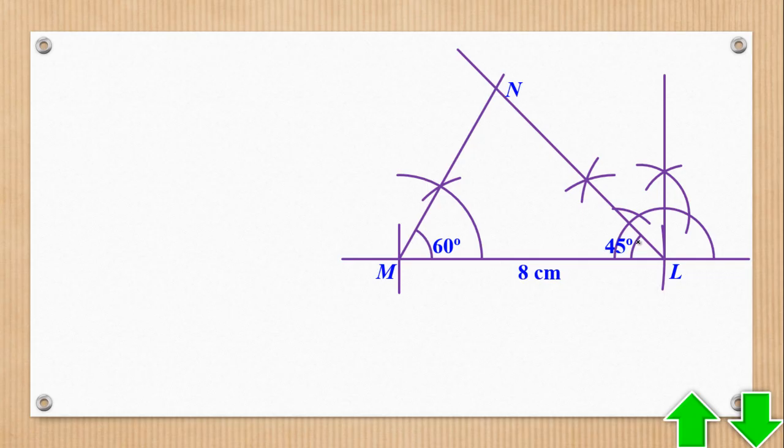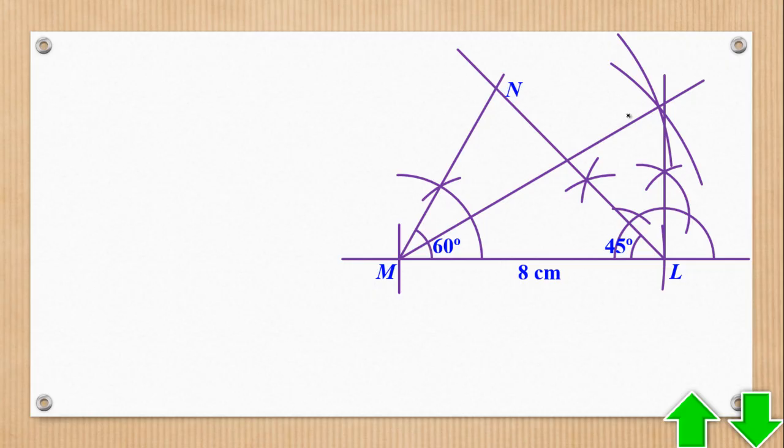To inscribe, we need to bisect any two angles. So I'll put the needle there. I want to bisect angle 60, draw an arc of any radius, which is this. Then remove the needle, maintain the same radius, put the needle there, draw an arc. Then draw a line through M and the intersection. So I have bisected angle 60.